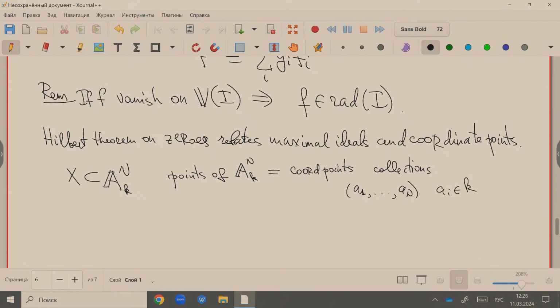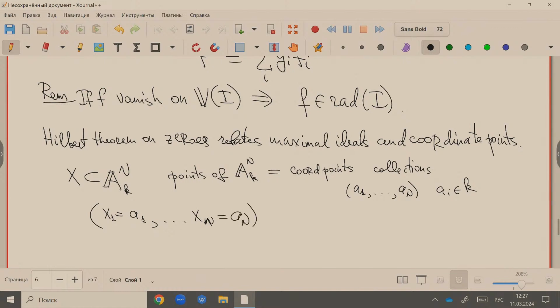And to this point, you may relate an ideal. How to express this point as the zero set of some set of functions? This is just x1 equal to a1, etc., xn equal to an.